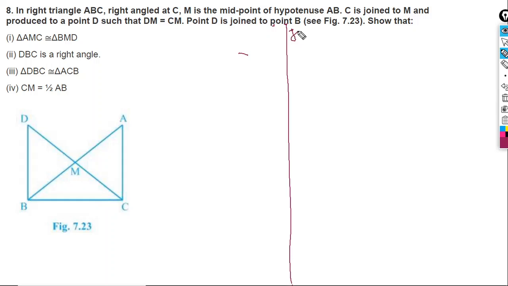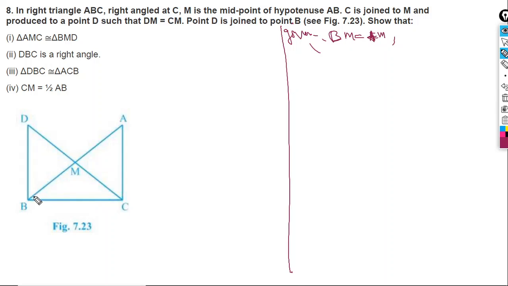First let's write given. What is given to us? M is the midpoint of AB. C is joined to M and DM equals CM. So this is what we will write. BM equals AM and DM equals CM.